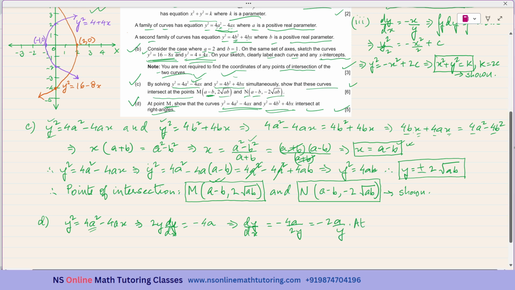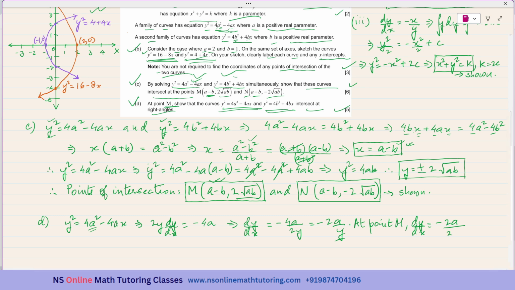At point M, dy by dx is equal to negative 2a over the y value. So in place of y, I will be writing this y coordinate. It is 2 square root of ab.